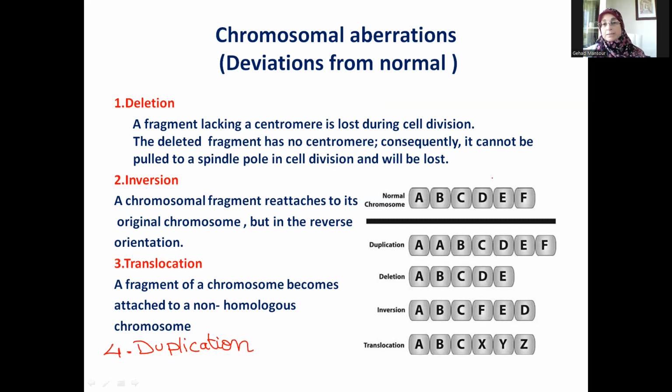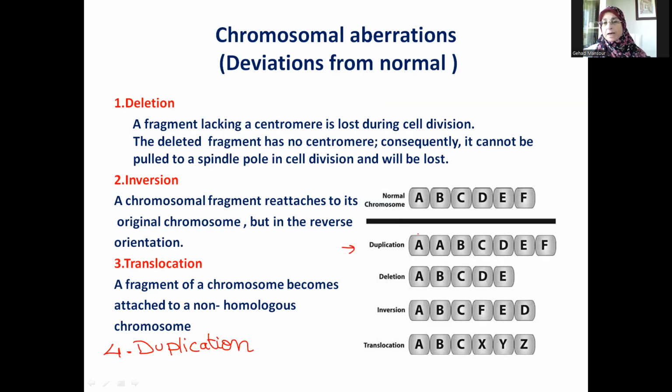The first part, let's assume that A, B, C, D, E, F is the normal chromosome, meaning that those are genes present on the chromosome, A, B, C, D, E, F. Now, in duplication, it's not duplication of the whole chromosome. If the chromosome were duplicated, you would see another chromosome next to it.